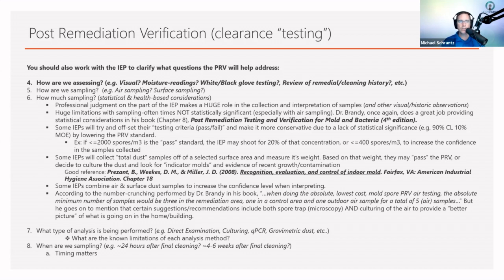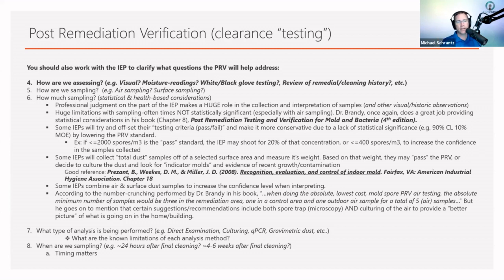Some IEPs will try and offset their testing criteria, their pass or fail, and make it more conservative due to a lack of statistical significance by lowering their standard. And here's what I mean. Earlier, I mentioned Dr. Robertson mentioning this whole criteria of less than or equal to 2,000 spores per cubic meter a pass, right?